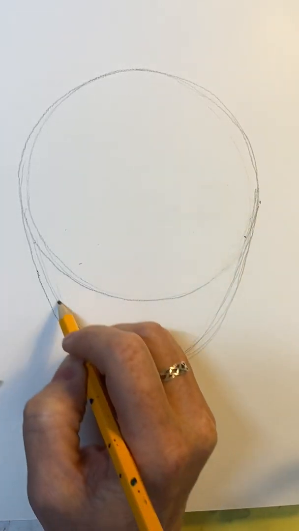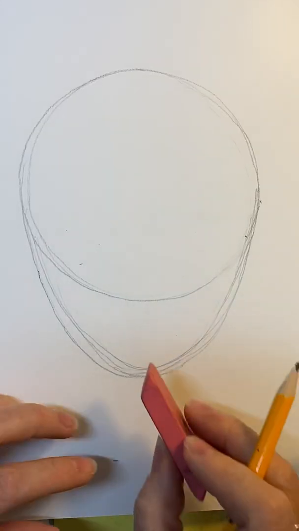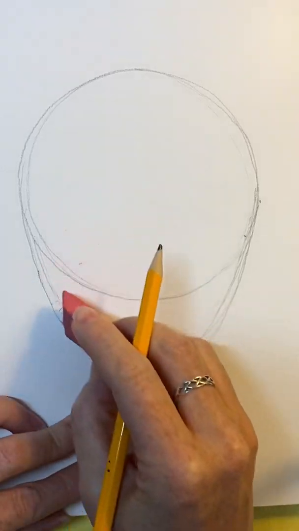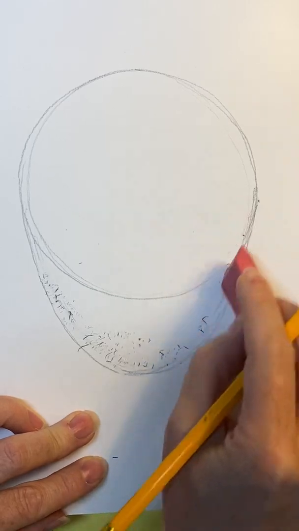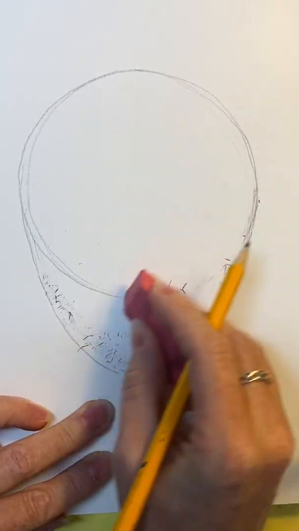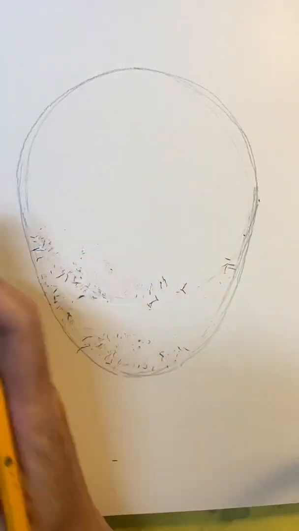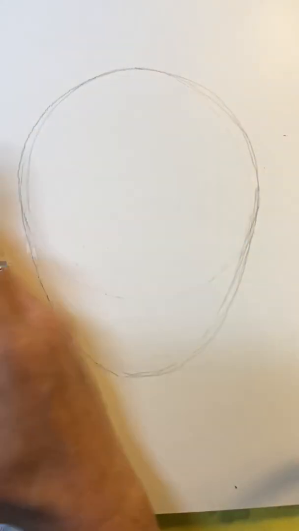Now this will be the same for everyone's face. Notice that I'm still drawing lightly, and I started out a little small, so I'm just going to make it a little bigger. I've got my eraser, so it's no problem. And then I'm going to erase this bottom part of the circle. We actually don't need that. We just drew it in order to get the shape of the head started.